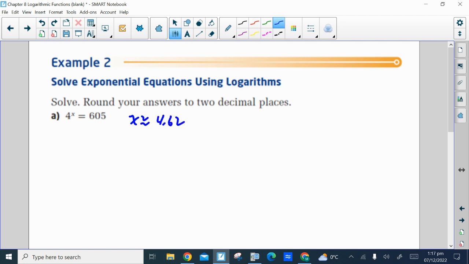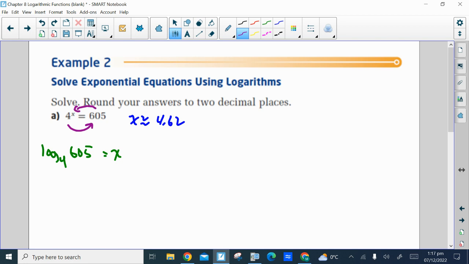But we can also do it algebraically now by using logarithms, by converting from exponential to logarithmic. Start with the base and cycle through. The exponential function has a base of 4, so when you write it as a log, it'll be log base 4. After the 4 comes the 605. After that comes the x.